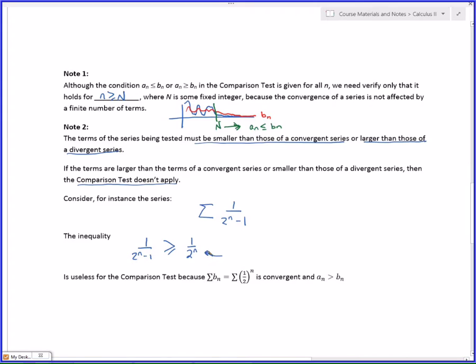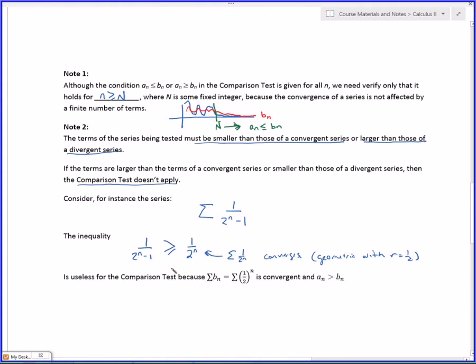Okay, but this one converges, right? It converges because this is a geometric series, geometric with r equals 1/2. It's the same reasoning that we got with the 1/3 above. It's convergent.